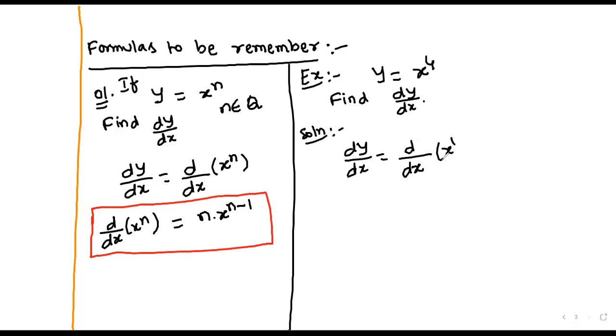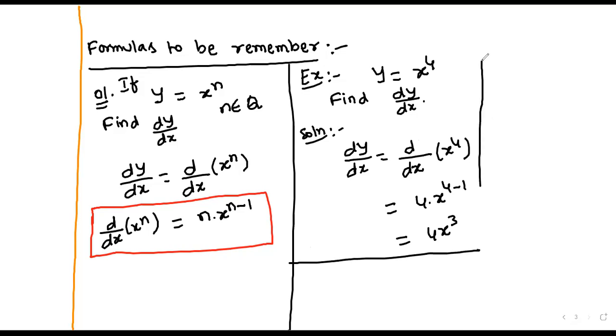See, in our formula, instead of n we have 4, right? Use the formula, and we get 4 times x power 4 minus 1, that is nothing but 4x cube. Okay, fine.